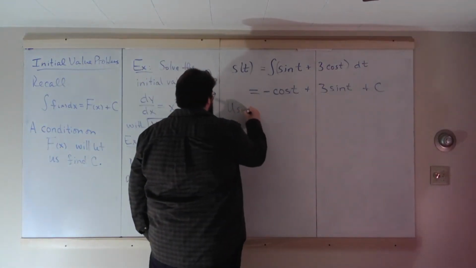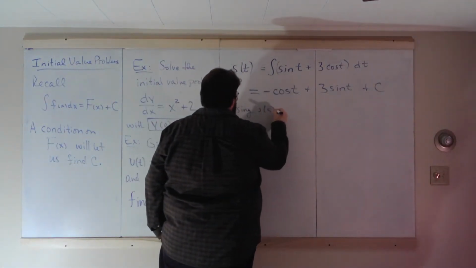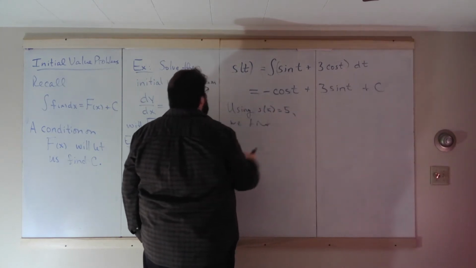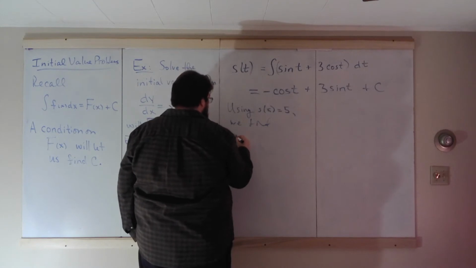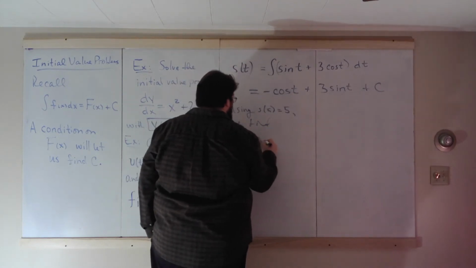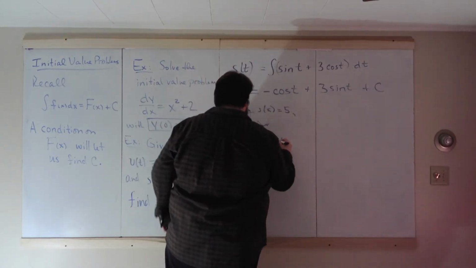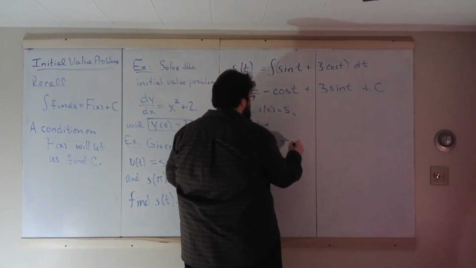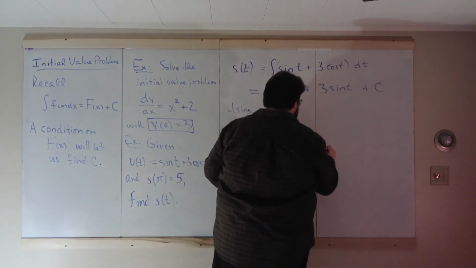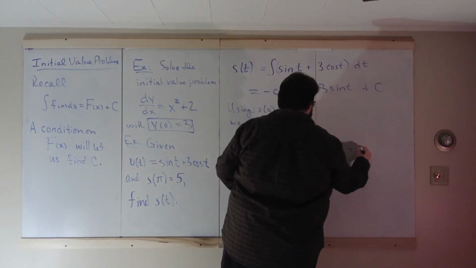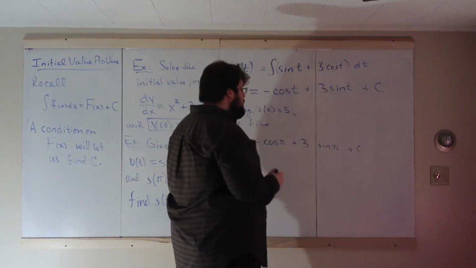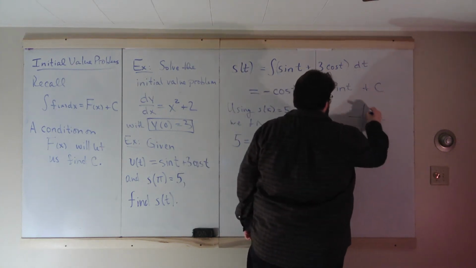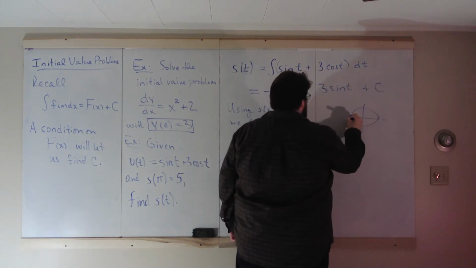Using s of pi equals 5, we find, what do we find? 5 equals negative cosine of pi plus 3 sine of pi plus c. So we need cosine and sine of pi. Well, pi is over here.